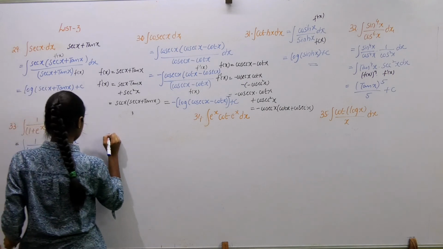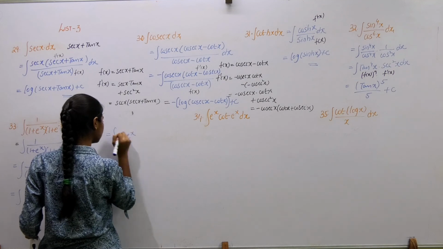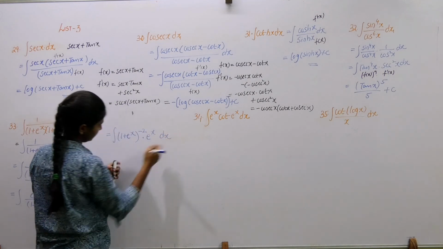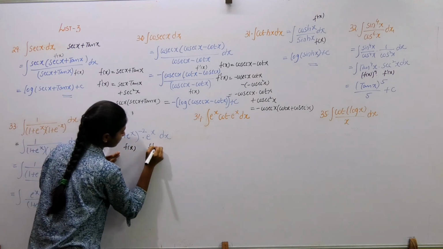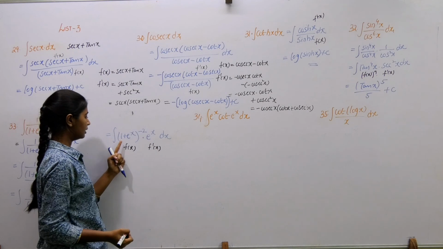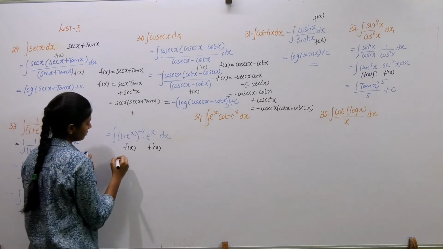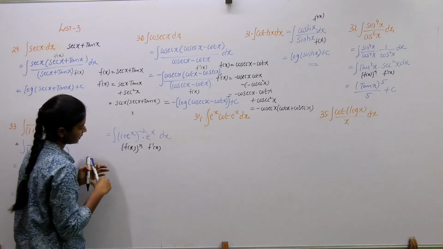Now, we can write this as 1 plus e power x whole power minus 2 into e power x dx. Now, this is f of x and this is f dash of x. d by dx of 1 is 0, d by dx of e power x is e power x. So this is in the form of integral f of x whole power n into f dash of x dx.